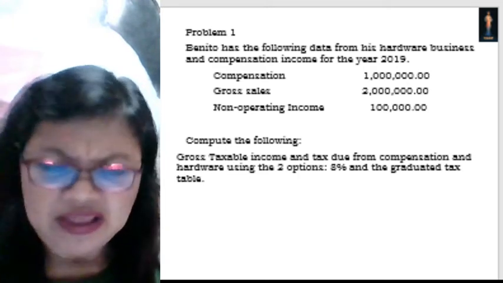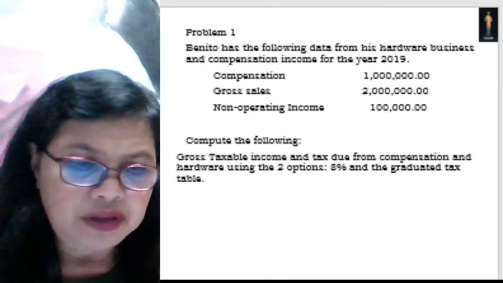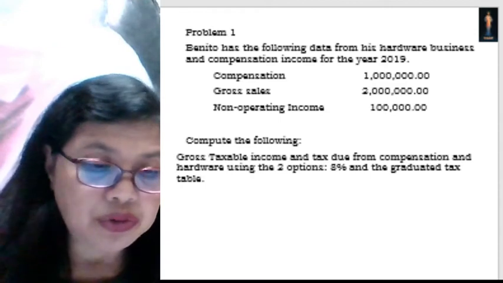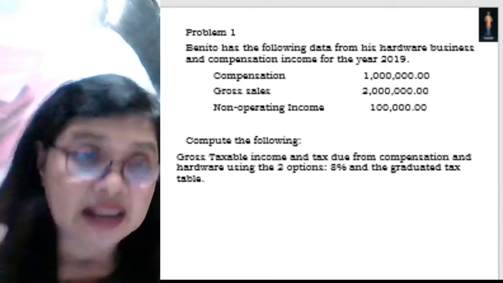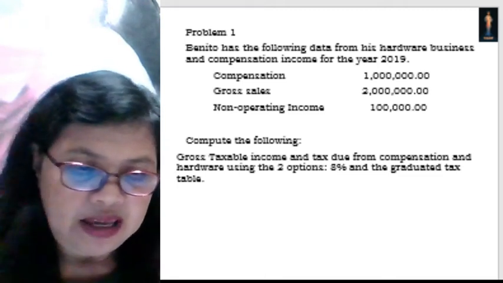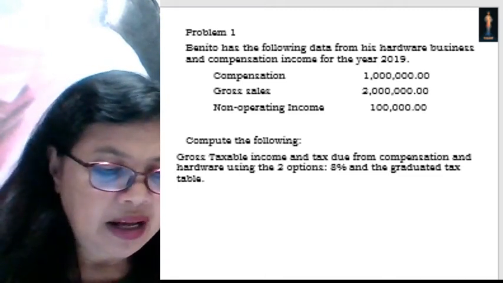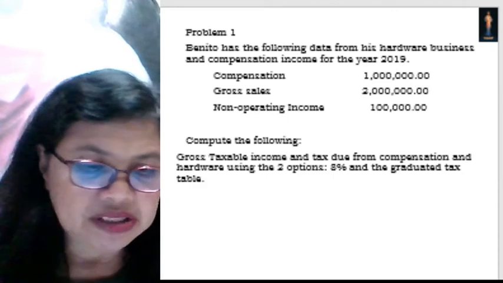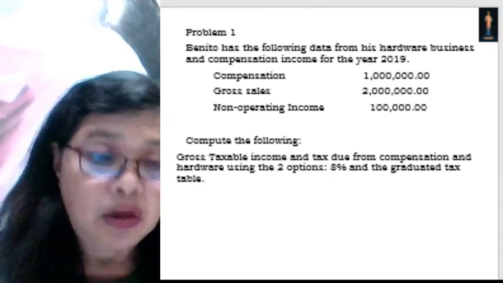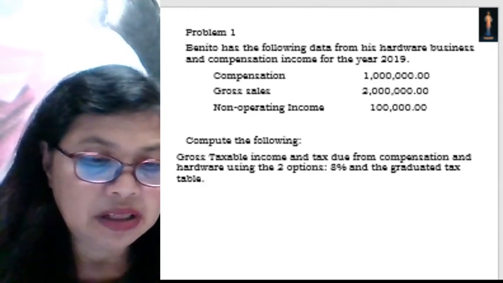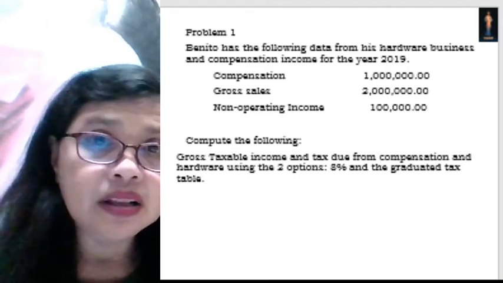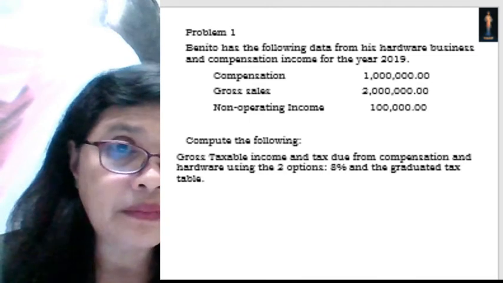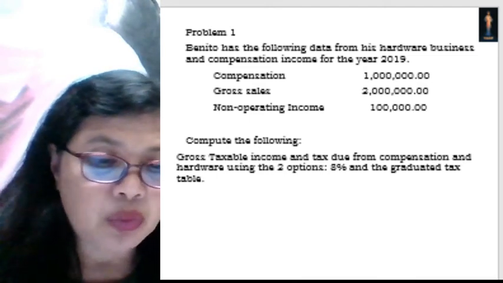Okay, so I think that's very easy. On the 8% method, you use the 8% as the tax rate. Okay, then let me guide you in answering for the compensation income, that is 1 million. When you refer to the graduated tax table, how much is the income? Yeah, the compensation is 1 million.